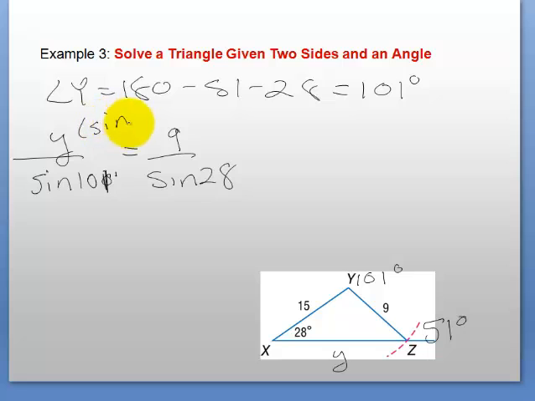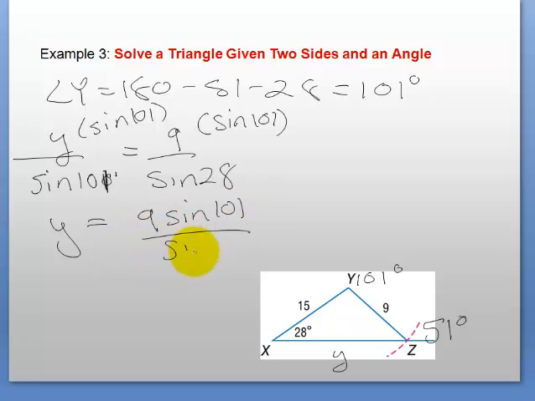We multiply both sides. So we have 9 sine 101 over sine 28, and that gives us a length of 18.8. So our first triangle is completed. We have 51 degrees, we have 101 up here, and we have 18.8, all angles and all sides. But now we have to find our second triangle.